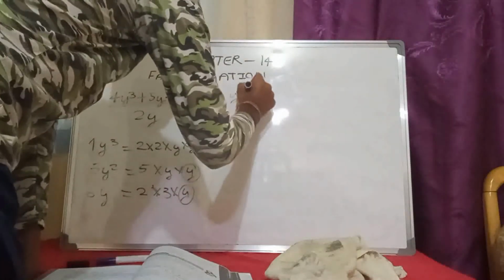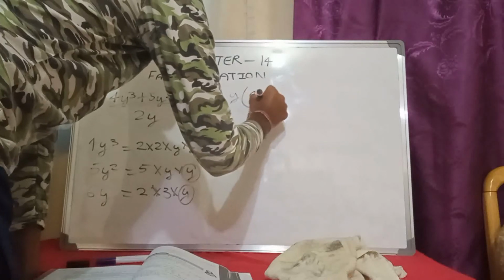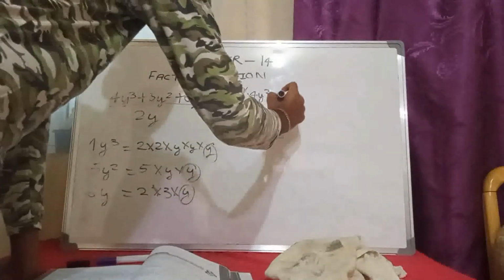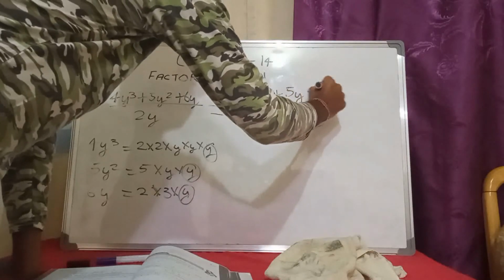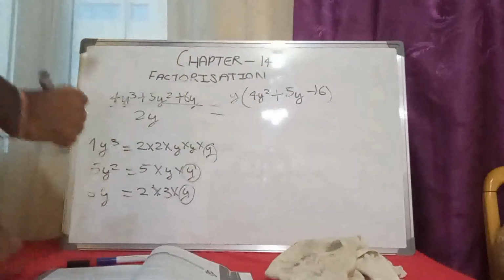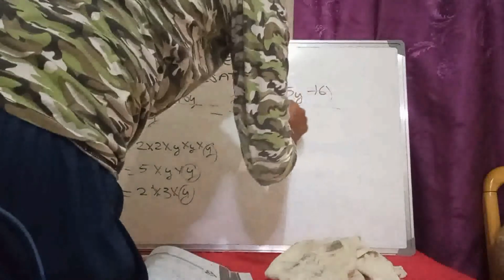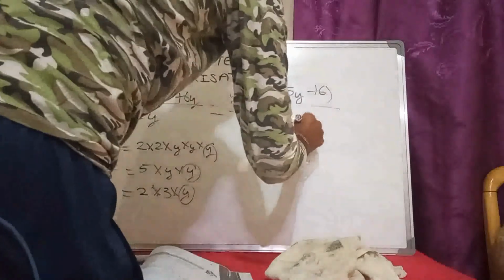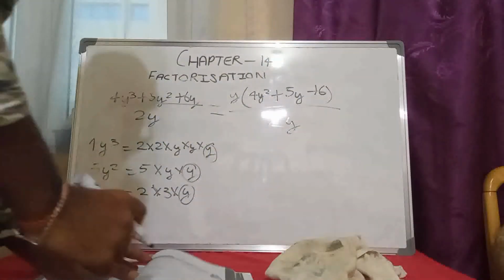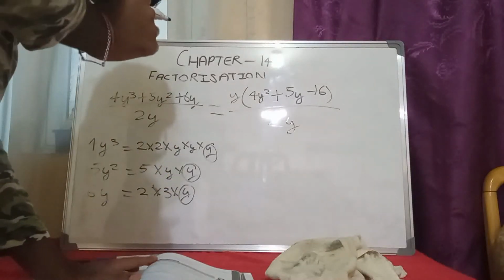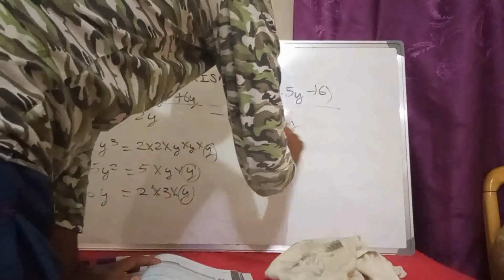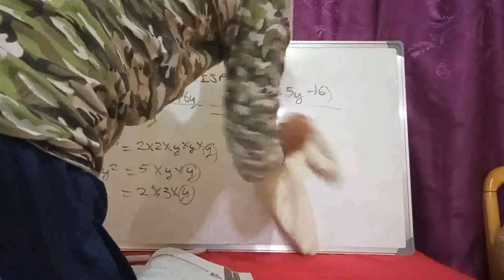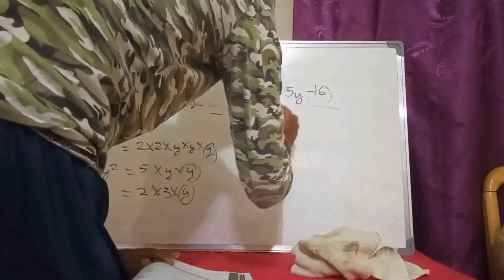So here y into 4y square plus 5y plus 6, now it will be divided by 2y. So after we do this, we can cut out 2y.